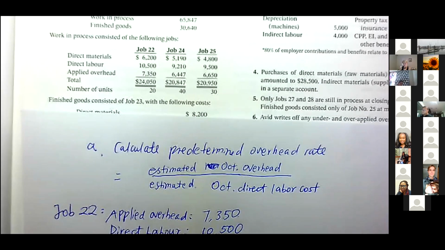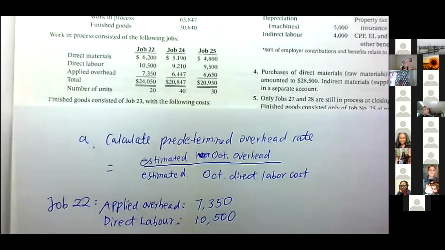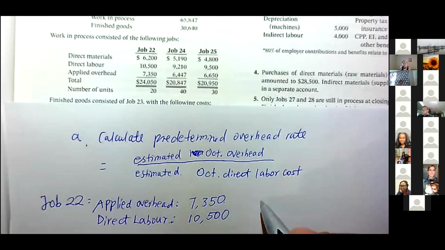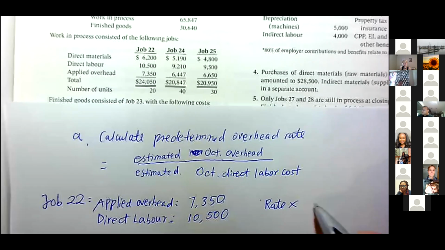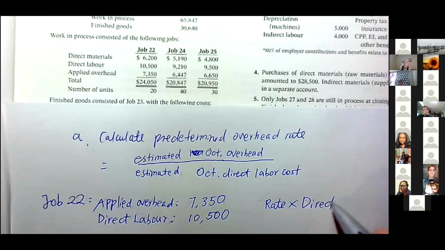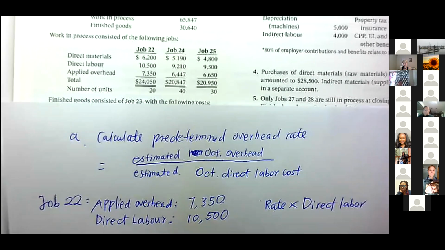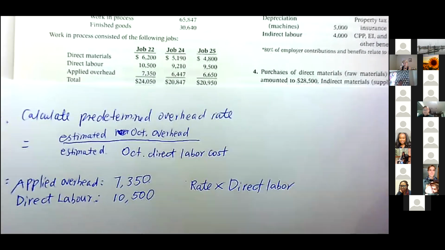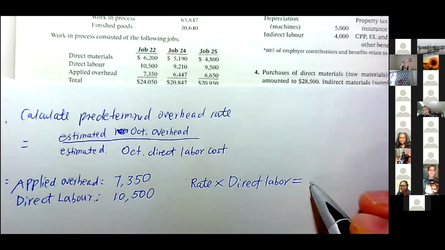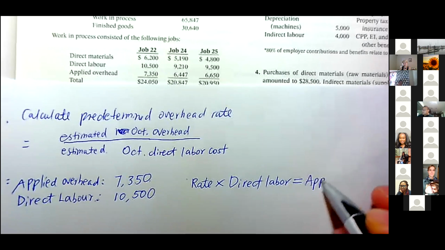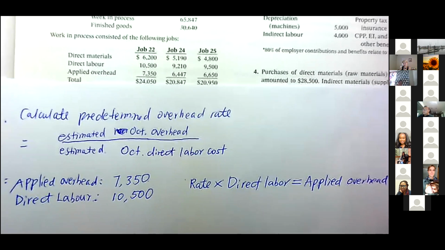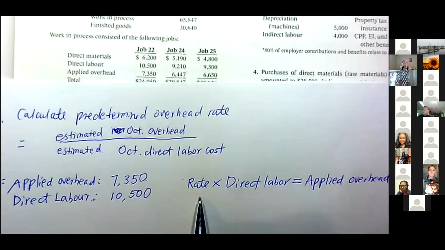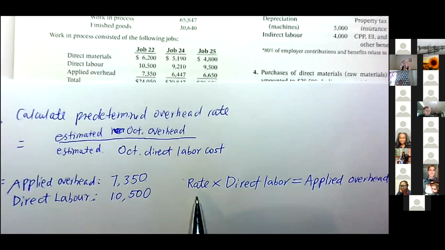Okay. So what is the rate? If you remember the formula, the rate times direct labor equals applied overhead. I got 0.7 for the rate. Me too. Okay, 70%.